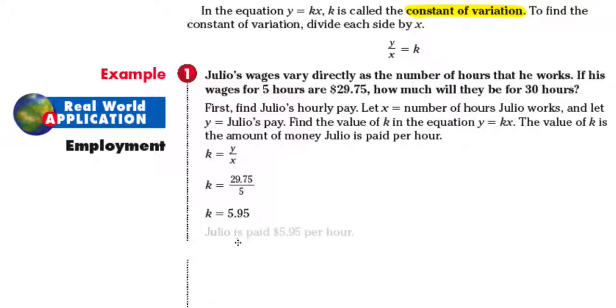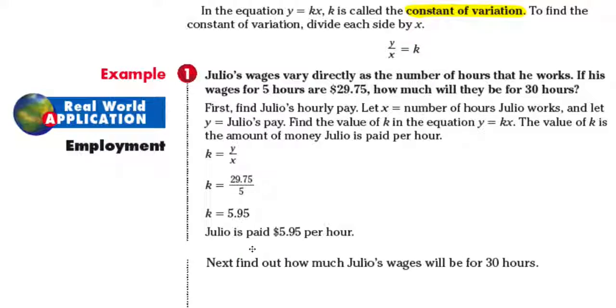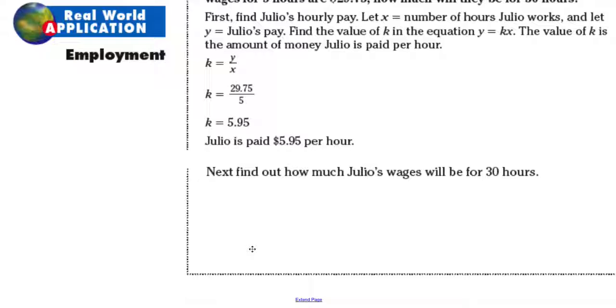So Julio is paid $5.95 per hour. But that's not what the problem is asking for. It's asking how much will they be for 30 hours of work. So we continue with our problem. We know now that the constant of our variation is $5.95. Next, find out how much Julio's wages will be for 30 hours.